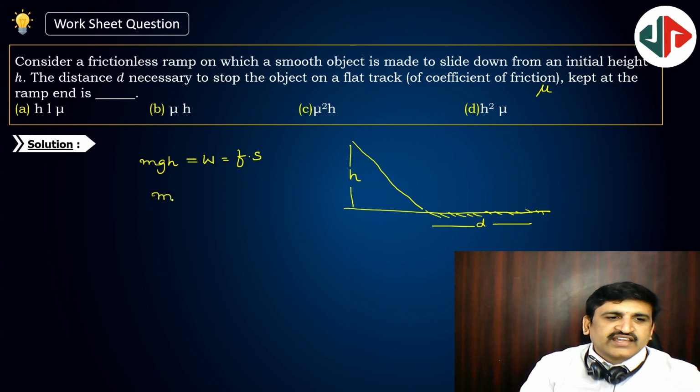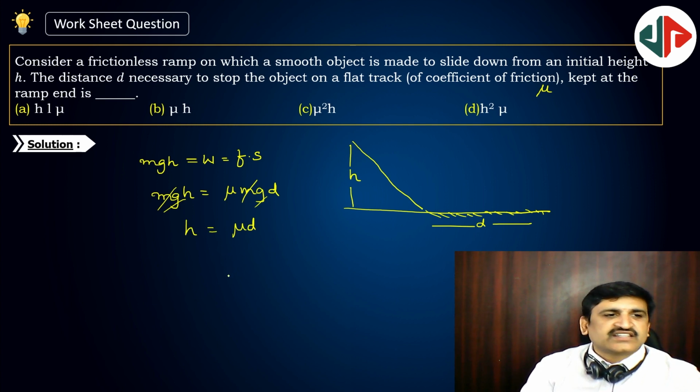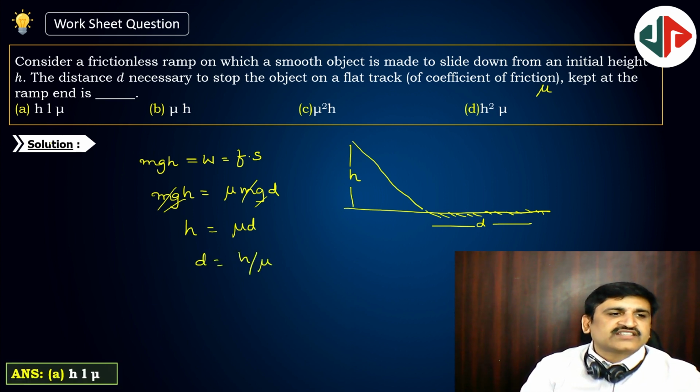Now here mgh is equal to f, whose value is mu N, mu mg, into distance d. So mg gets cancelled. So h is equal to mu d. So he is asking distance, right? Distance d is equal to h by mu. Done. Next.